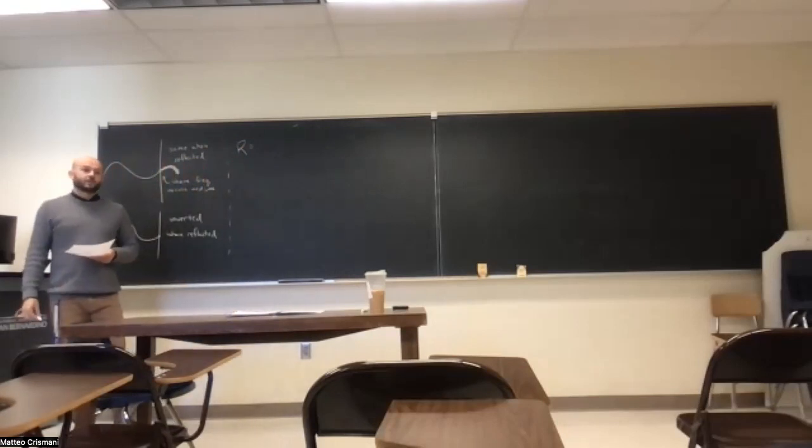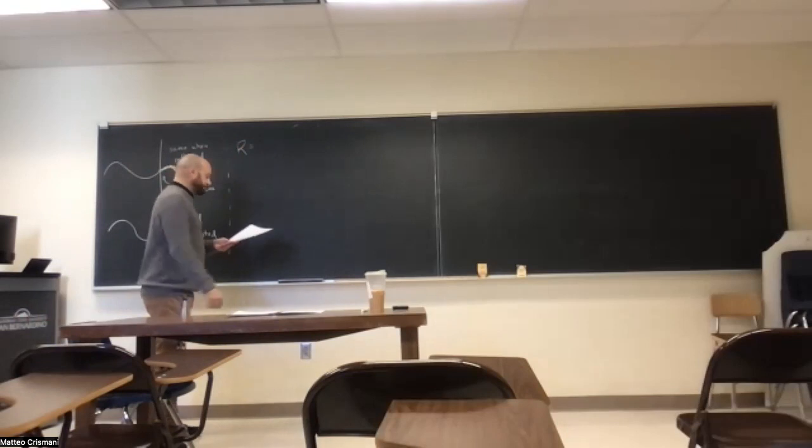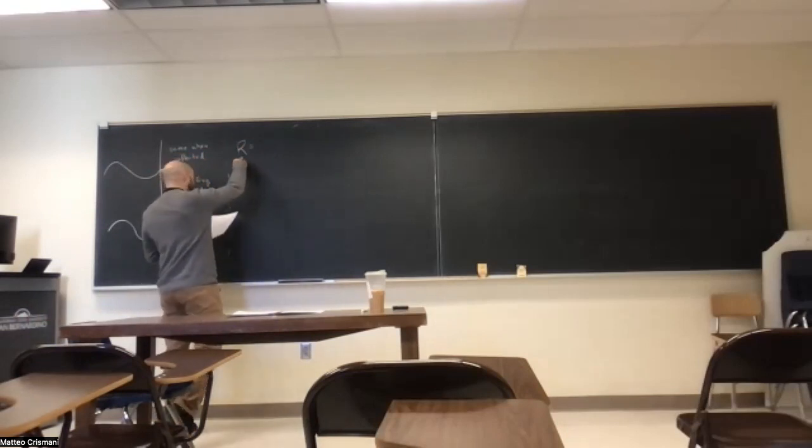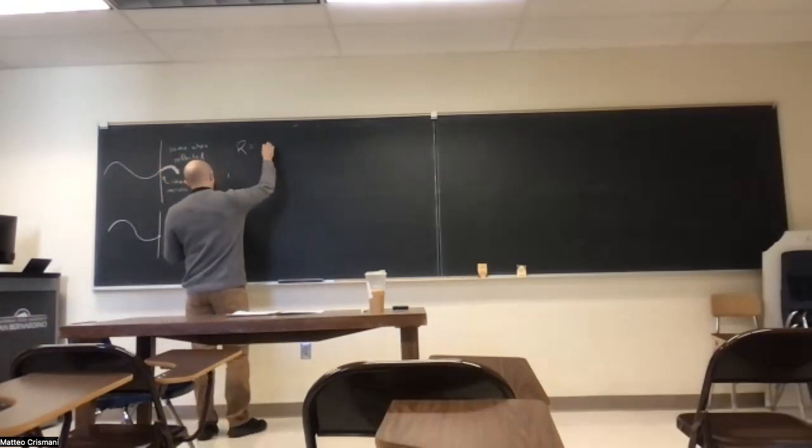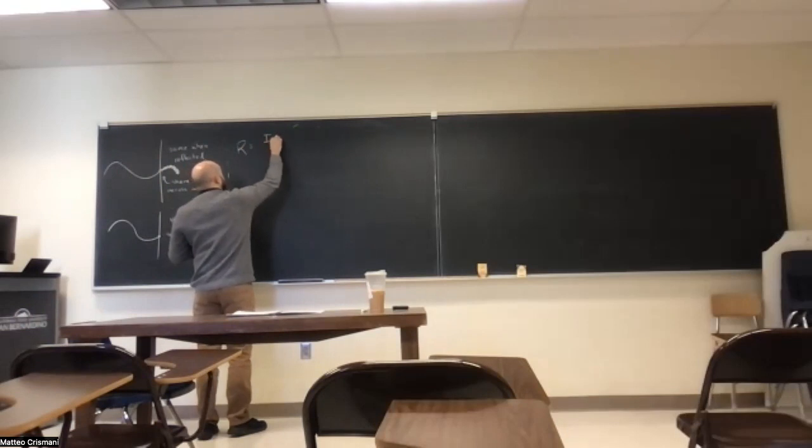I know I use letters all the time, so it's okay if you don't know. It's a ratio of intensities, I think. Exactly right. So this is R for reflected energy fraction, the intensity of the reflected beam over the intensity of the initial beam.